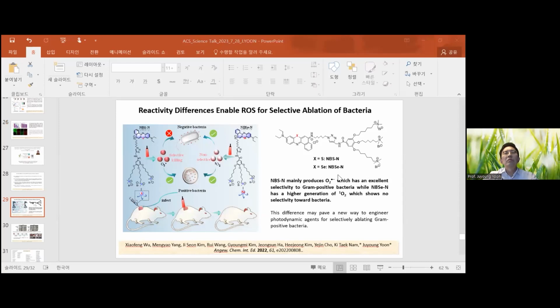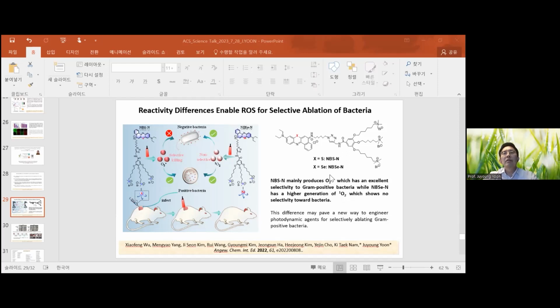The selectivity of the generation of ROS, for example NBS and MBSE, was previously reported. As I mentioned, the selectivity comes from the different membranes of these bacteria. This singlet oxygen is toxic enough to kill both gram-positive and gram-negative bacteria.